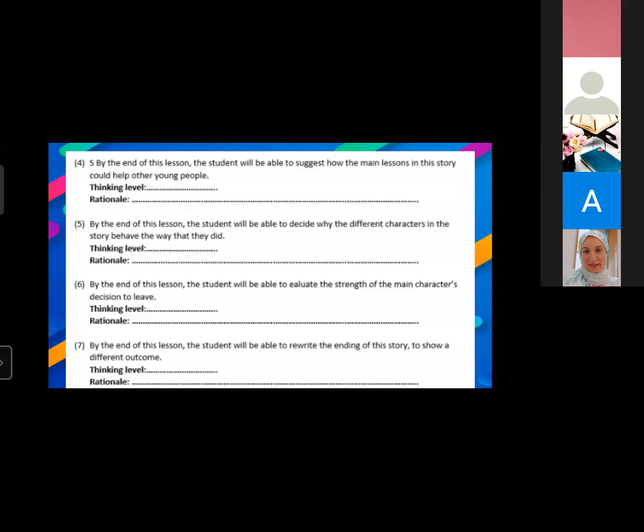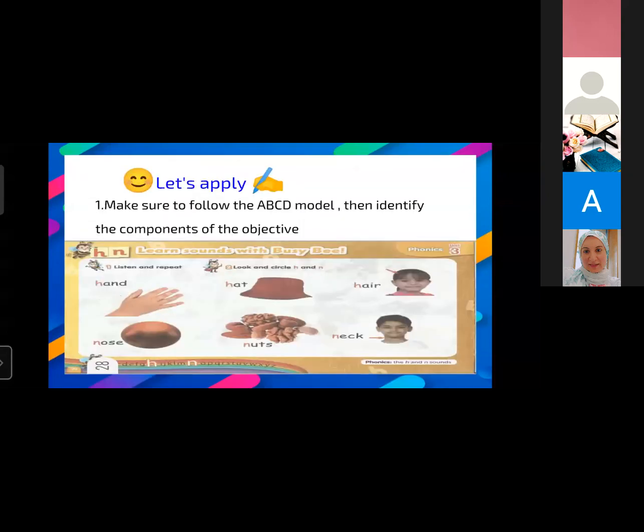at writing measurable objectives according to the ABCD model. Let's apply, my dear friends. Make sure to follow the ABCD model, then identify the components of the objective. So look at this picture. This is from Grade 1, Connect, learn sounds with busy bee.